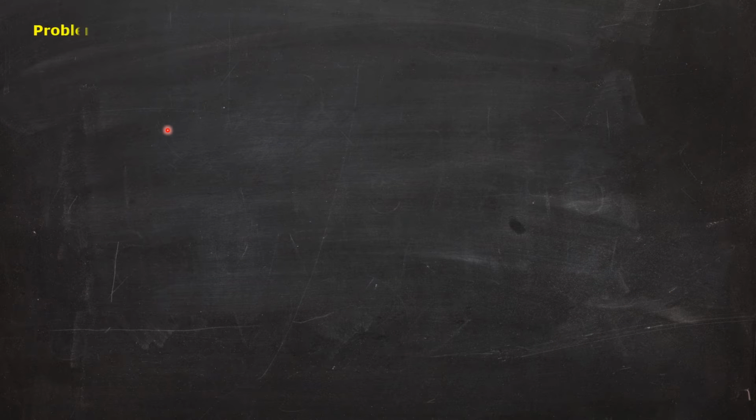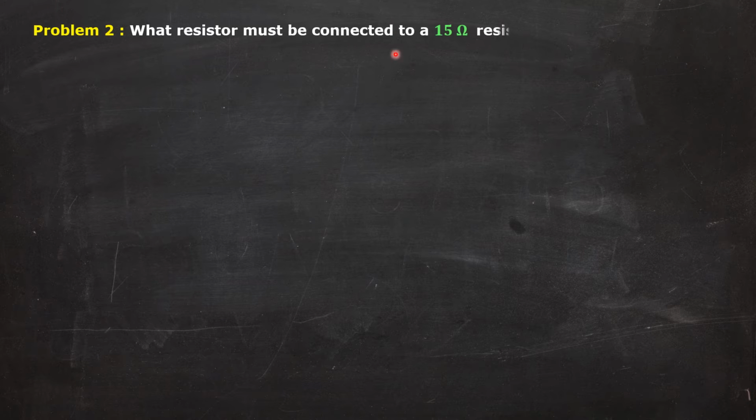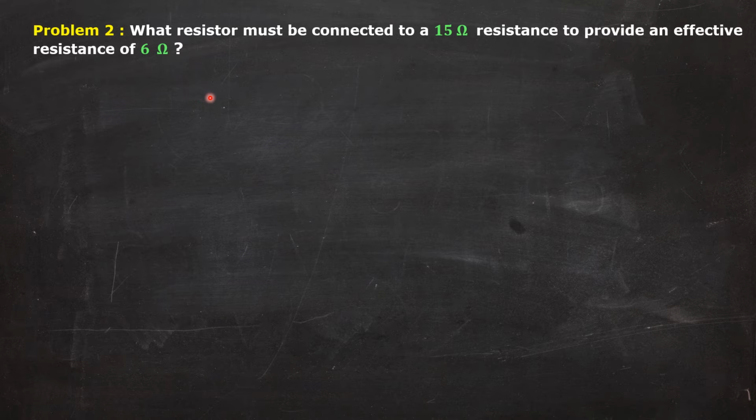Here is problem 2. What resistor must be connected to a 15 ohm resistance to provide an effective resistance of 6 ohms? See here, the solution is given: R1 is equal to 15 ohms. R2 is equal to how much?